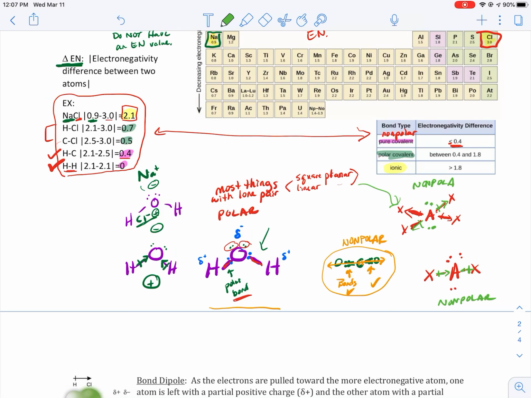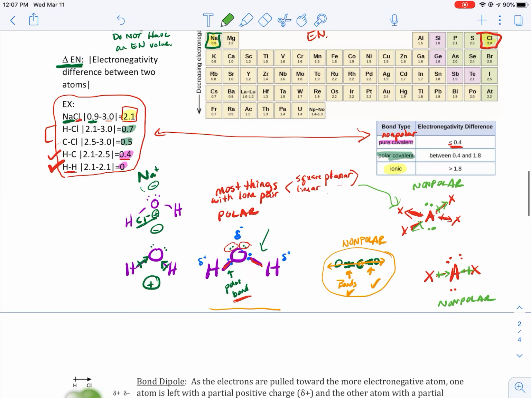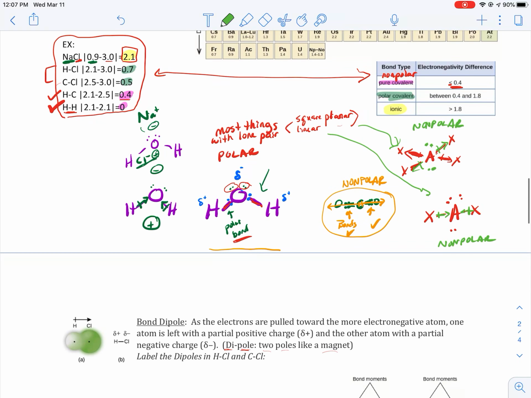And those are your only nonpolar possibilities when you have lone pairs. So lone pairs are usually polar, except for those two cases. And then the other situation that you can go to get something that's nonpolar is basically no lone pairs and all the same atoms.